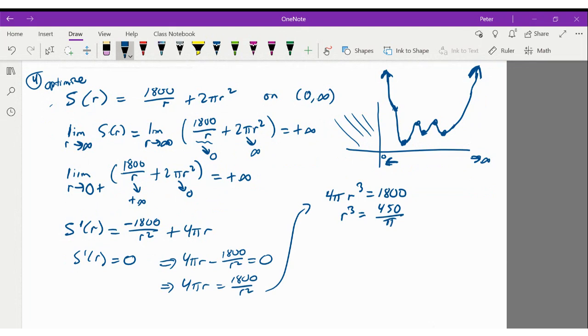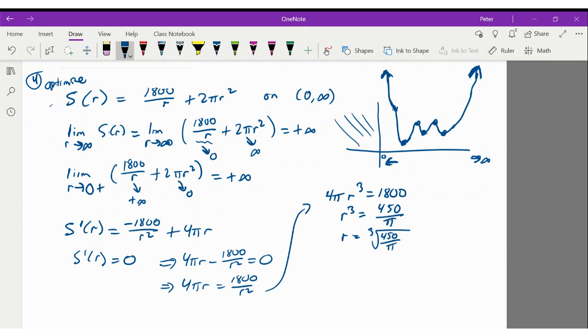So that means that r is equal to the cube root of 450 over pi. And by the way, that's not plus or minus the cube root. That only applies for even powers when you solve them. There is only one real number whose cube is 450 over pi.